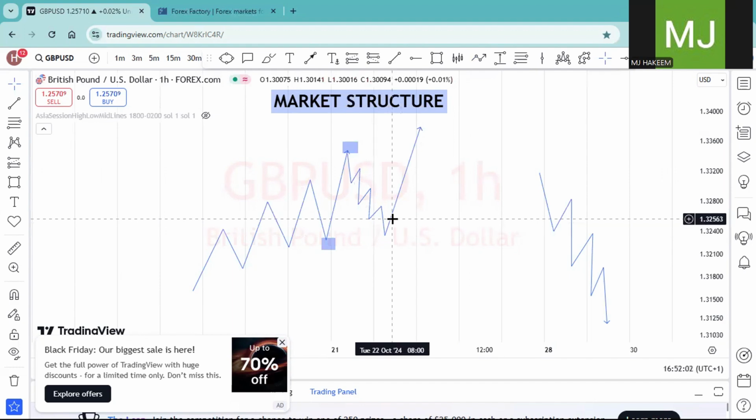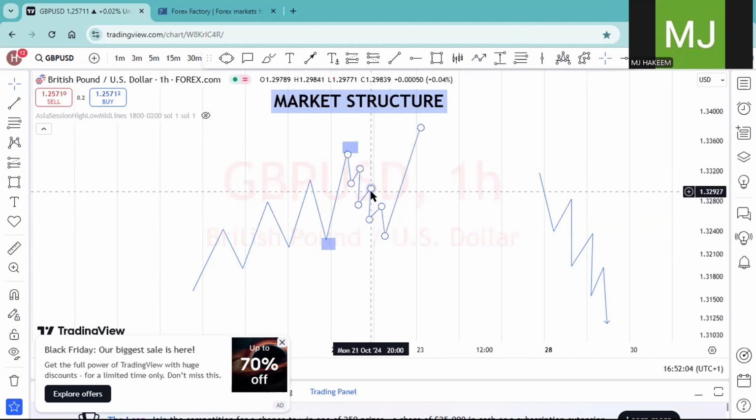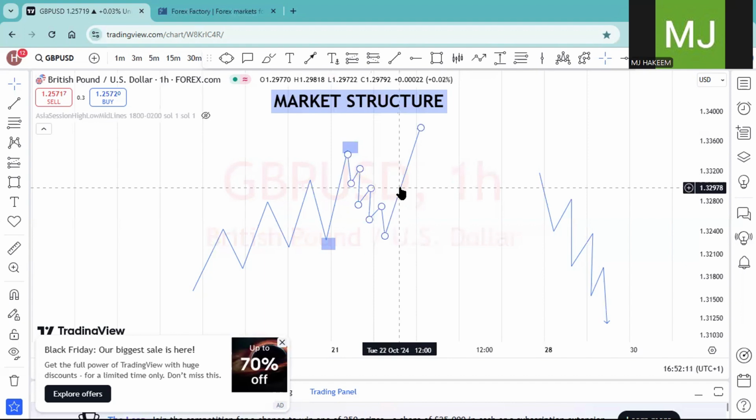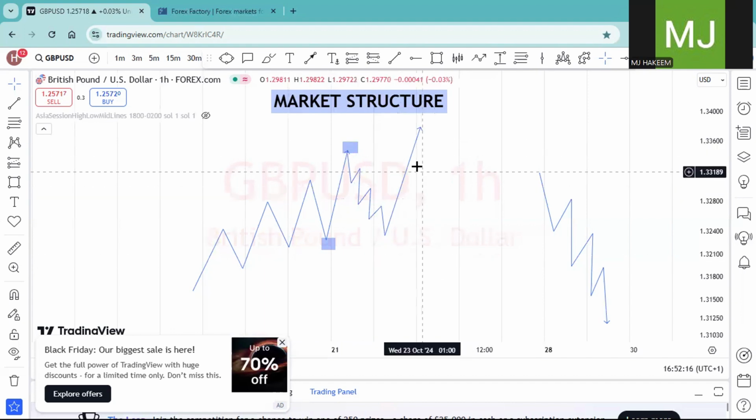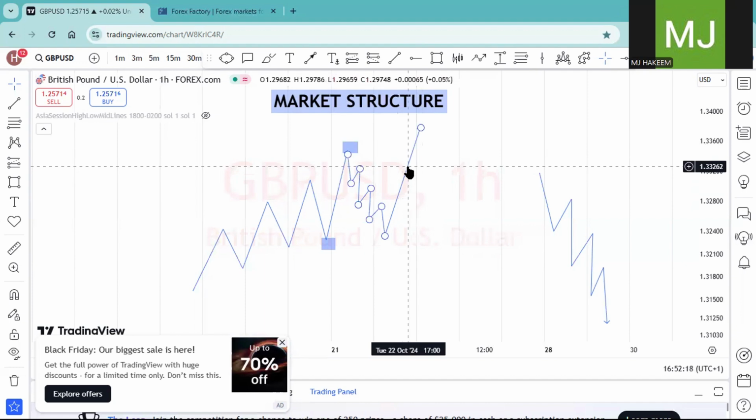Most corrective moves in the market are known as the internal structure, and you can trade them as well. While the real impulsive move, which is the real direction of the market, can be known as the external structure of the market. I don't know if I'm making sense.